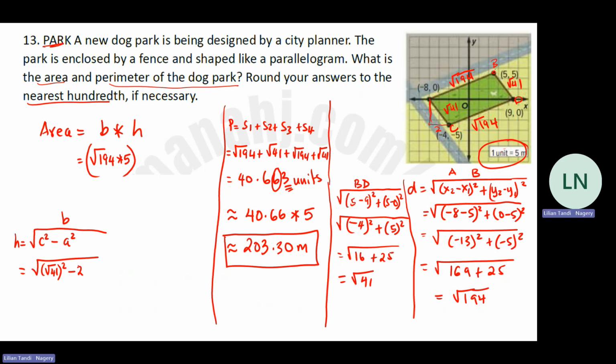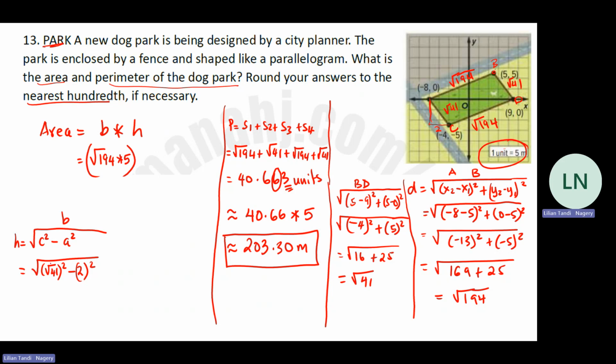Yes, 2 squared. So if you put that in the calculator, so square root and then bracket square root 41. When you square a square root, it is just the same number. So 41 squared, okay, minus 4.